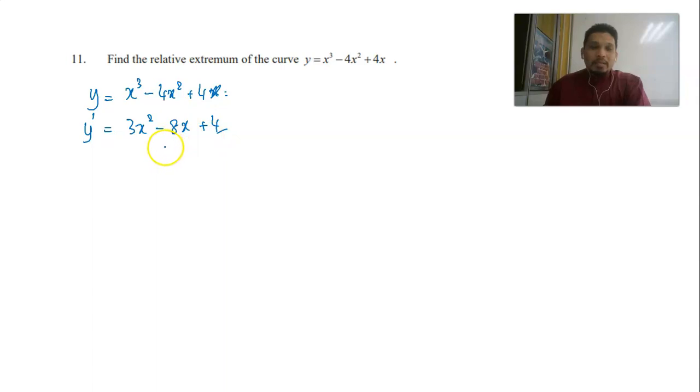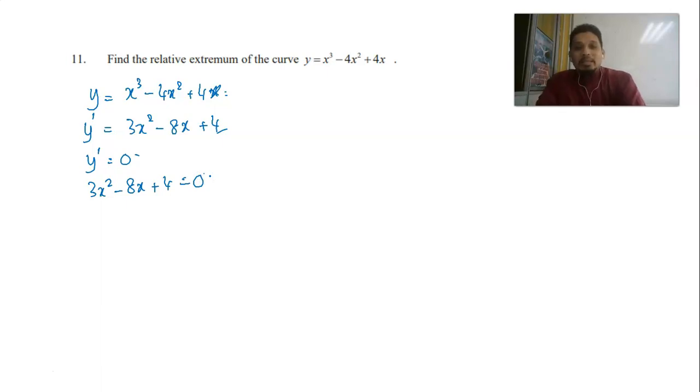Okay, so let's recall, make y prime equal to 0. So then 3x squared minus 8x plus 4 equal to 0. Either we use the method of factorization, or completing the square, or the formula.